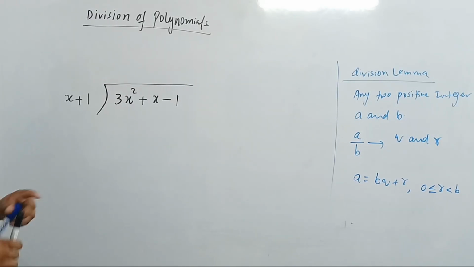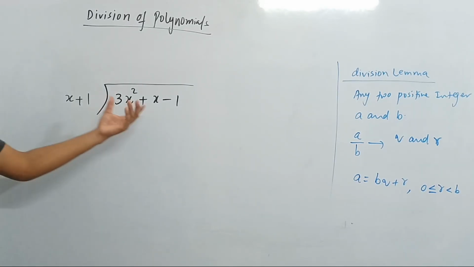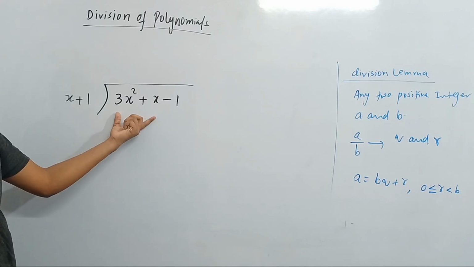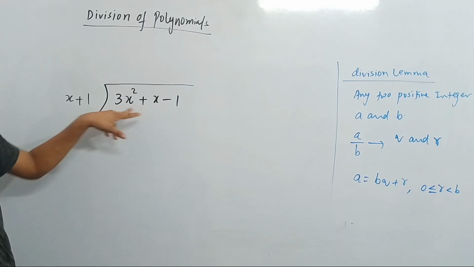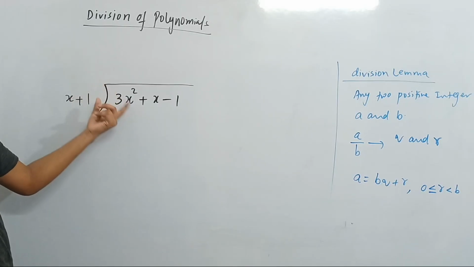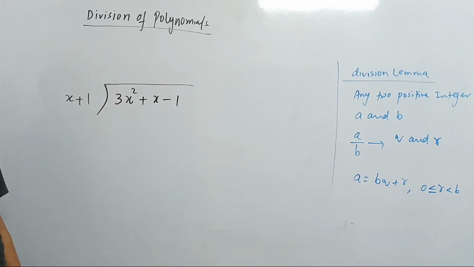The very first thing is this is a quadratic trinomial: quadratic in the sense of the degree, and trinomial in the sense of the number of terms. And this is a linear binomial: linear because of the degree, and the number of terms is 2.